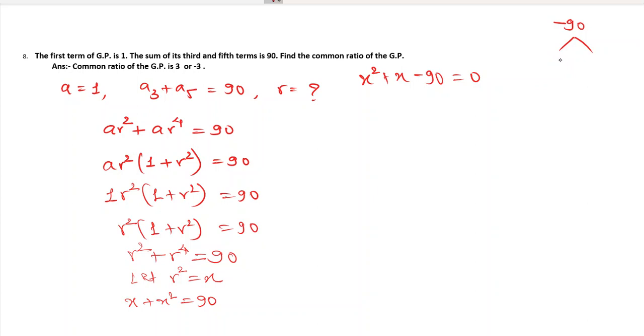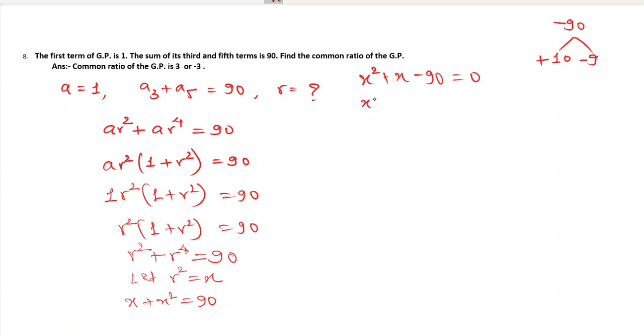So I know the right factors, that is 10 nines are 90, but we want plus 1, so it will be plus 10 minus 9. Plus 10 into minus 9 is minus 90, and plus 10 minus 9 is plus 1.